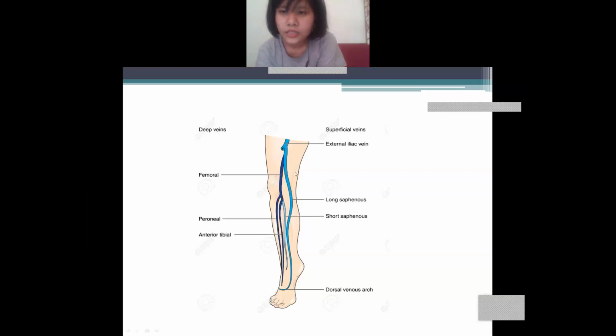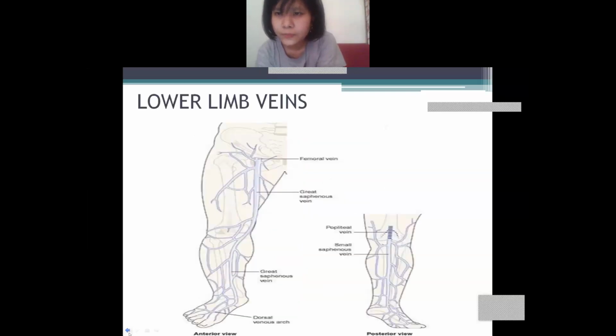Understand? And this femoral vein, that is the deep vein, where are they coming from? These femoral veins are coming from the inguinal ligament. Inguinal ligament, I think you remember, here this portion is the inguinal ligament.